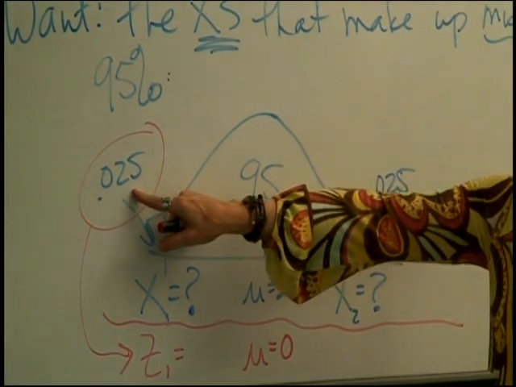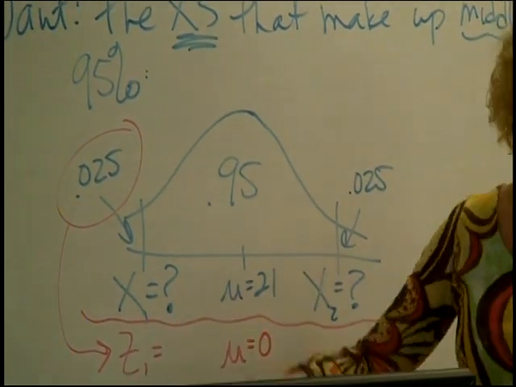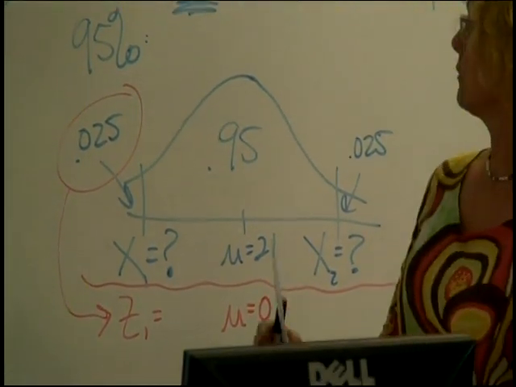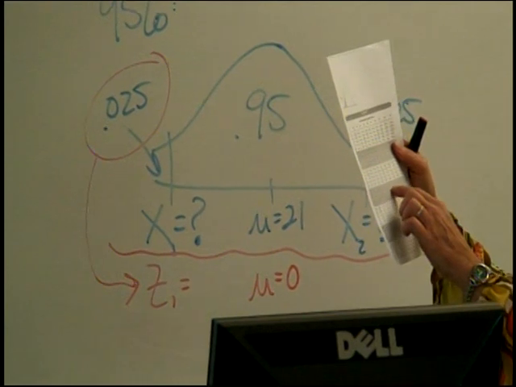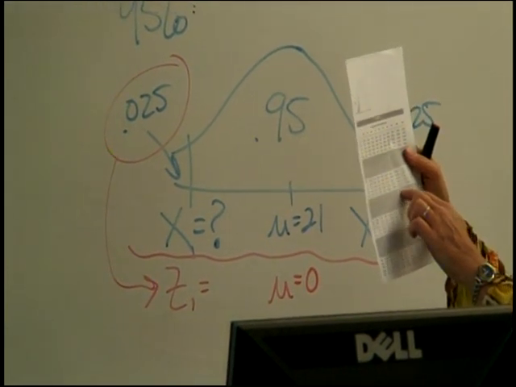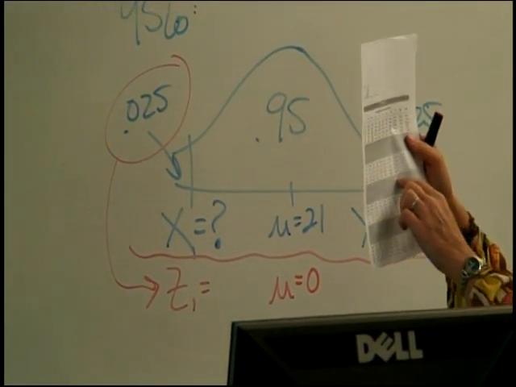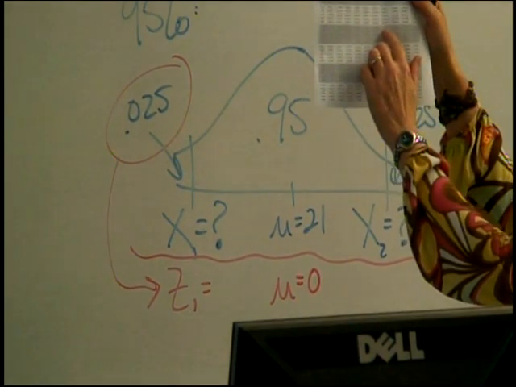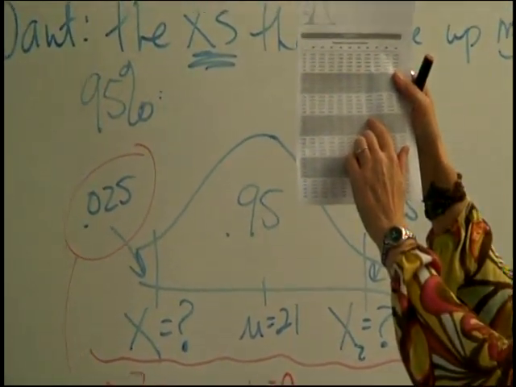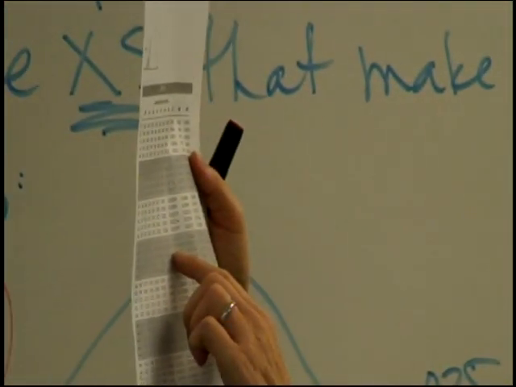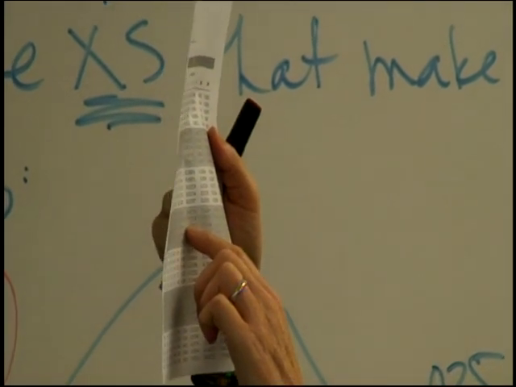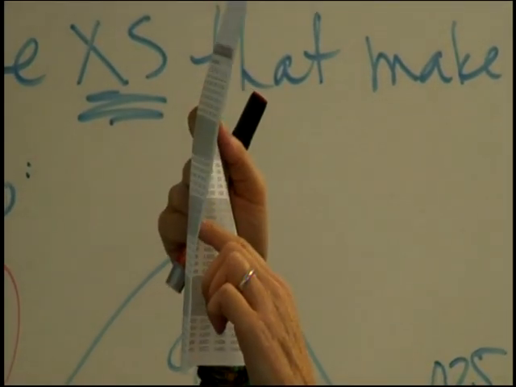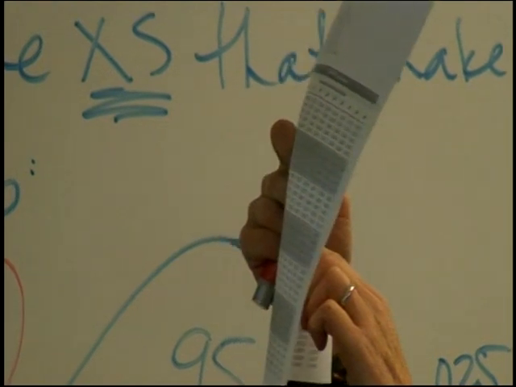So you're looking at 0.025, you know it's negative on your z table. So if you find 0.025, ooh, it's exact. Do you see it? Negative 1.96. Do you agree?